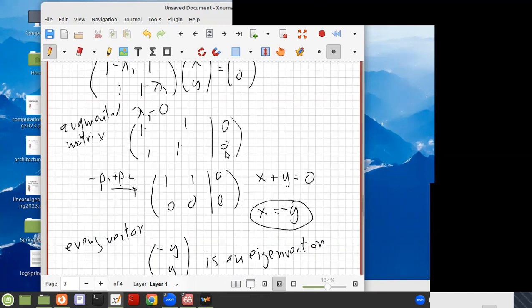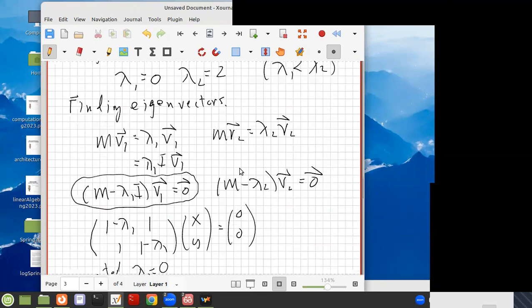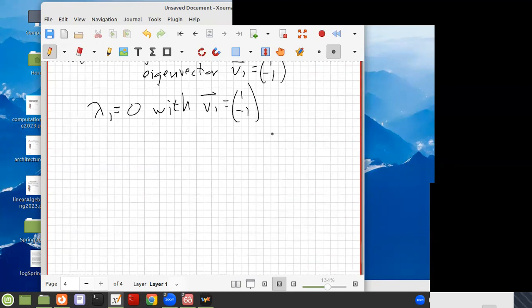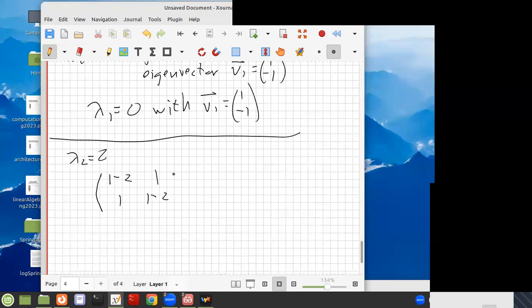But then we have to do the same thing with the other one, because the other one was lambda 2 equals 2. So we can proceed right away with (1 minus 2, 1; 1, 1 minus 2) times (x, y) equals (0, 0). Now this is V2.